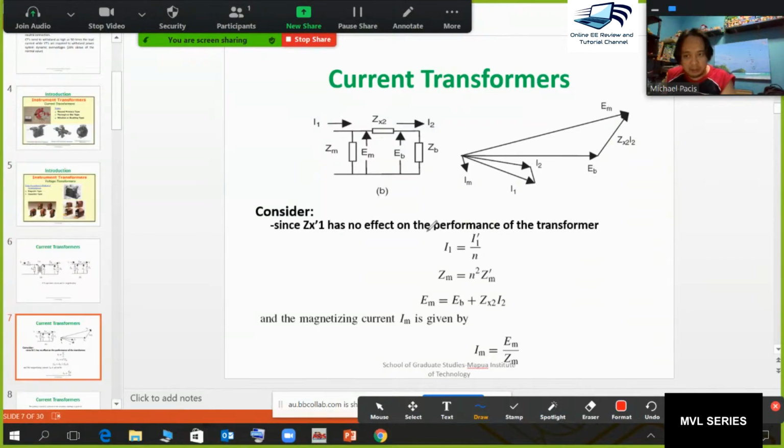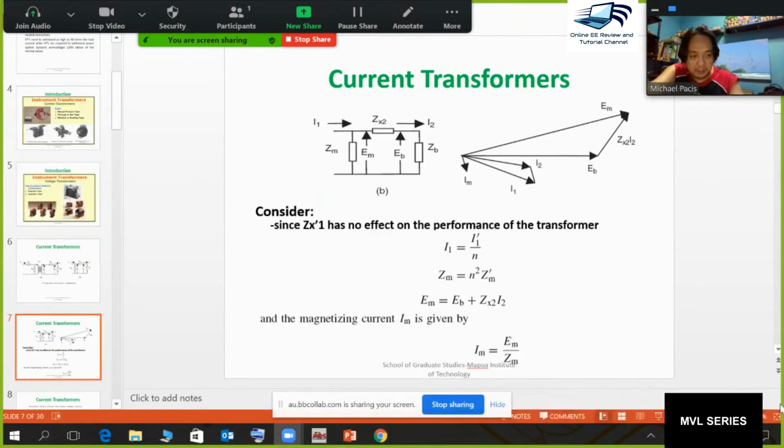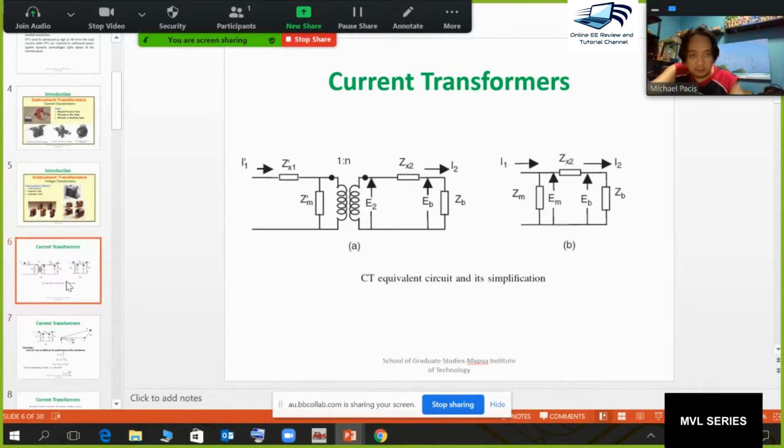Our main goal is to convert. You can still recall from your basic transformers that you can convert your transformer with respect to the primary and secondary side.